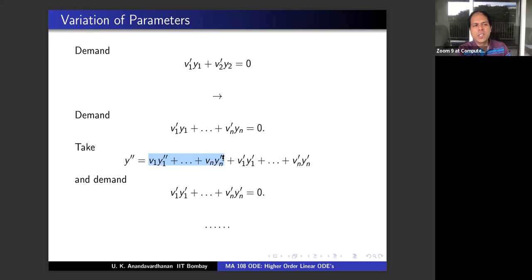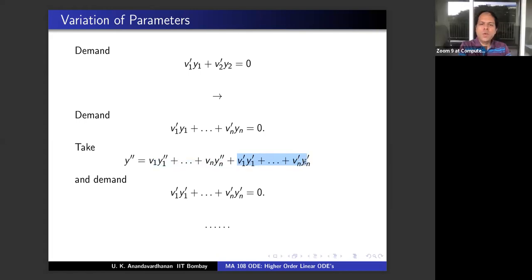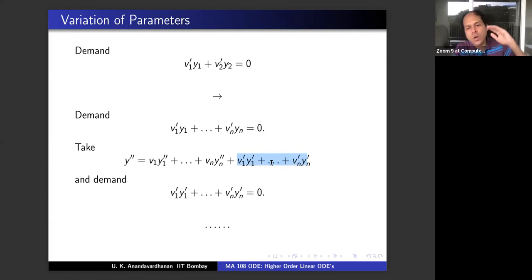In the differential equation you have all the derivatives up to nth order. Suppose at this stage you demanded this to be 0 and this remains. Then you are not getting second derivative here, right? So if you continuously take derivative, and whatever you demand, you are not going to hit nth derivative. In order to hit nth derivative at the last step, you need second derivative to remain here. Agree with that point? Yes, sir.